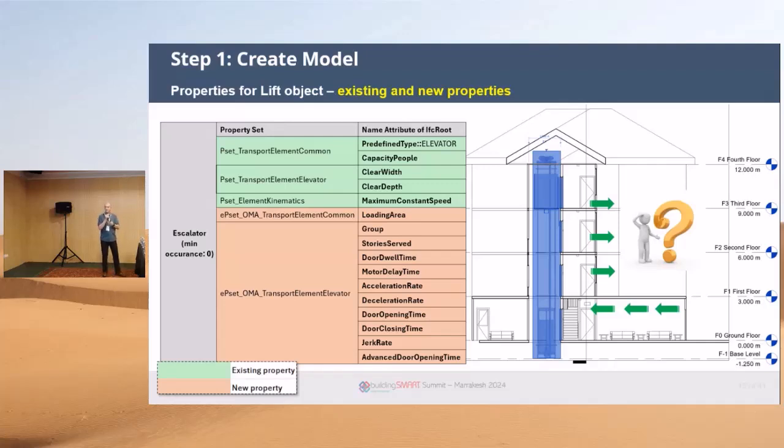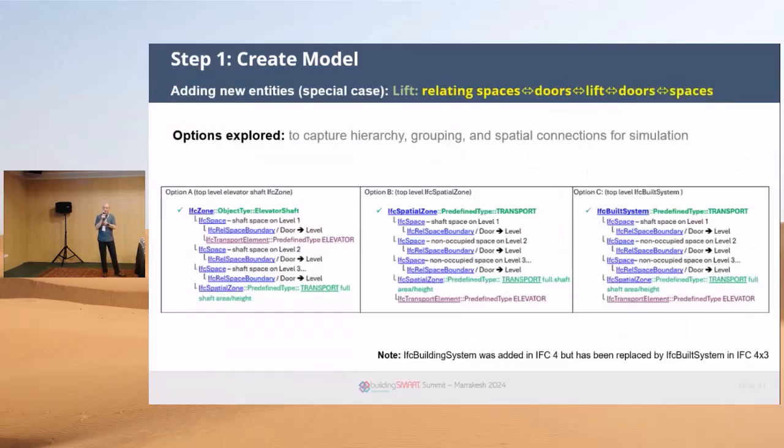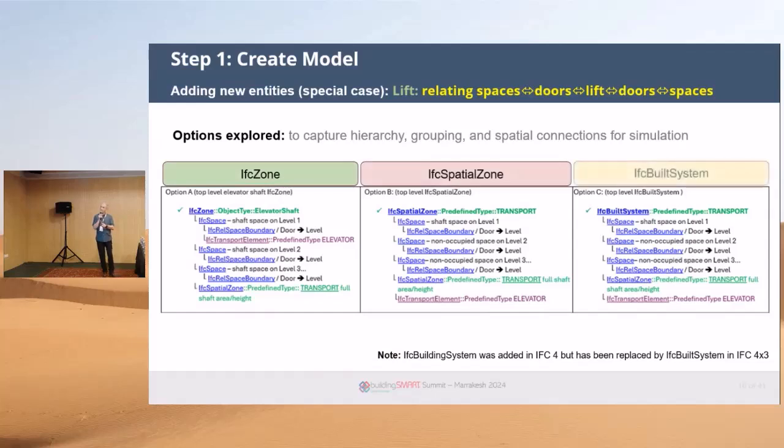There are some ways of doing that within the IFC schema. I don't know if you can read that, but there are 3 different types of zoning that you can specify in IFC files. The IFC zone, which is probably the older established one, is a collection of spaces and other objects, generally a generic one, but it does have an object type of elevator shaft.